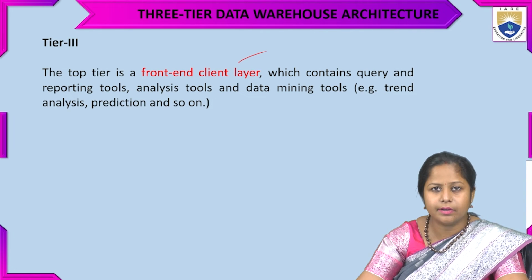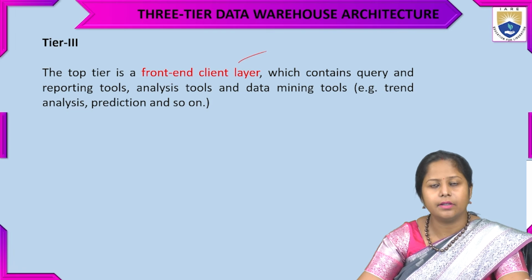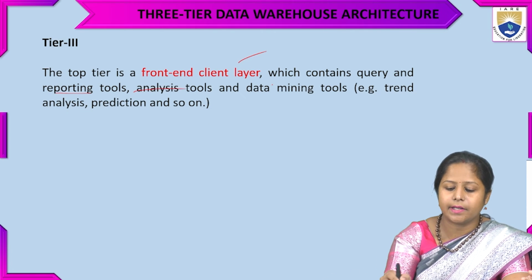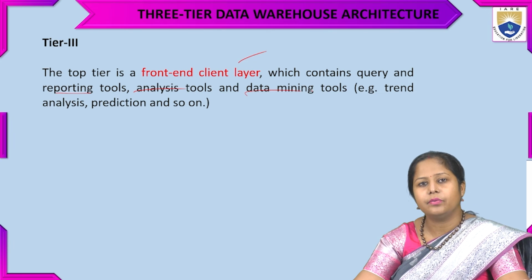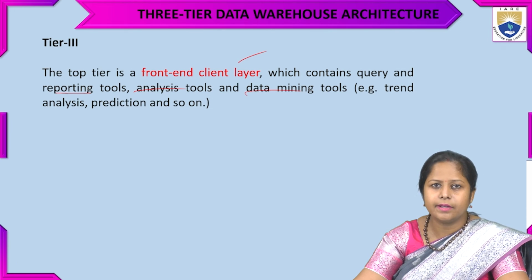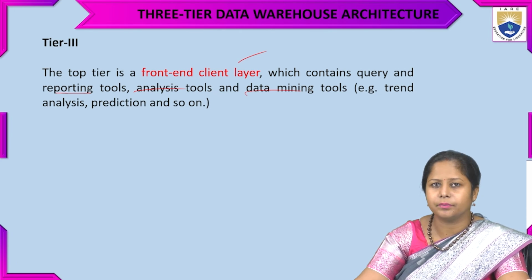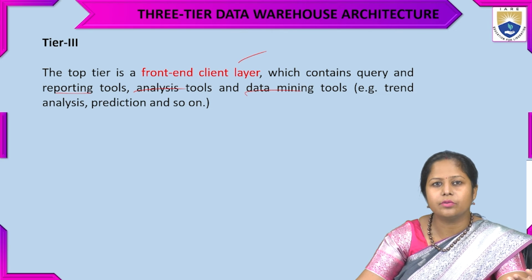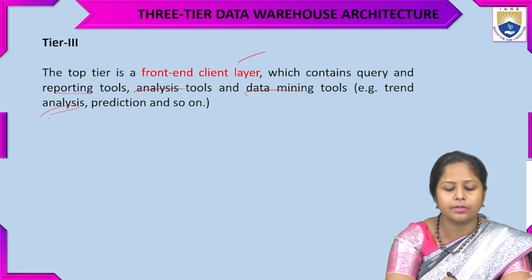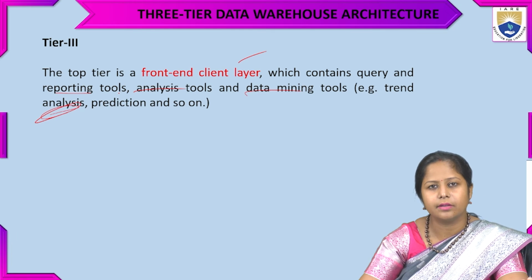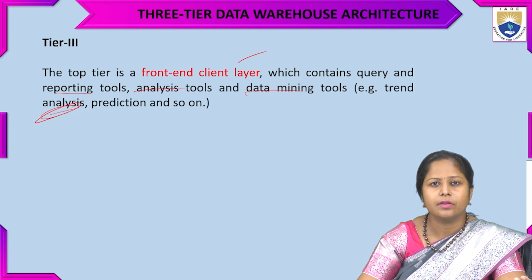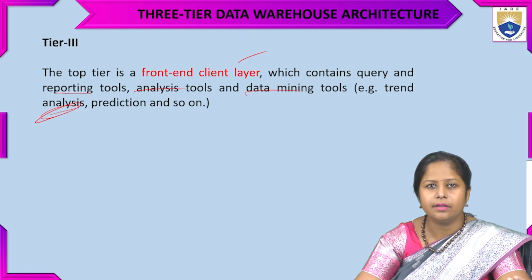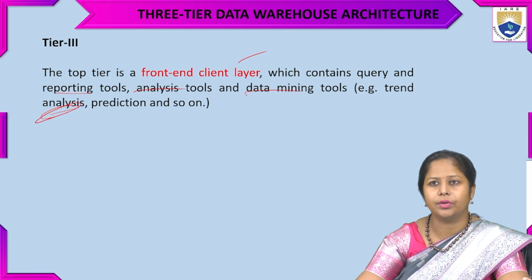So in this tier, the client sees the reporting, analysis and data mining. For example, in trend analysis we check what the overall analysis is, what its output is, and what the prediction for some business model is. So in the third tier, we get the output.